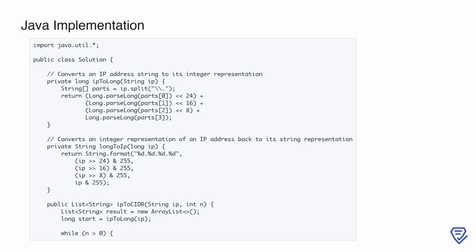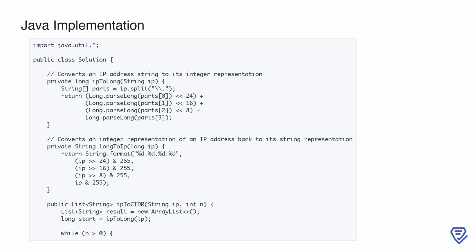This allows us to represent the IP address as a single 32-bit integer for easier manipulation. The second method, long_to_IP, performs the reverse operation. Given an integer representation of an IP address, it reconstructs the string format by extracting each byte using bitwise operations and formatting it back into a dot-separated string.